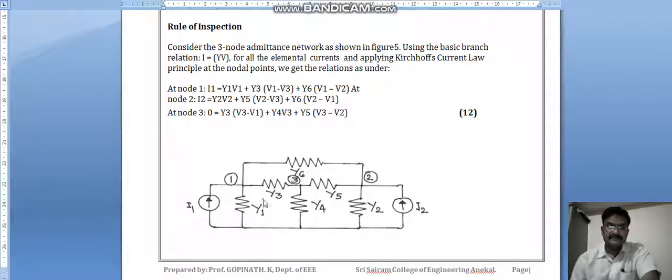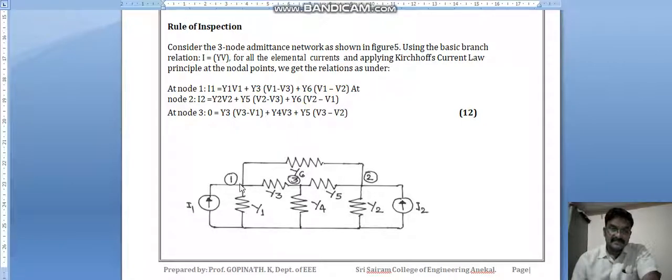This is node 1, this is node 3, and this is node 2. At node 1, we get y1 v1 plus y3 (v1 minus v3) plus y6.